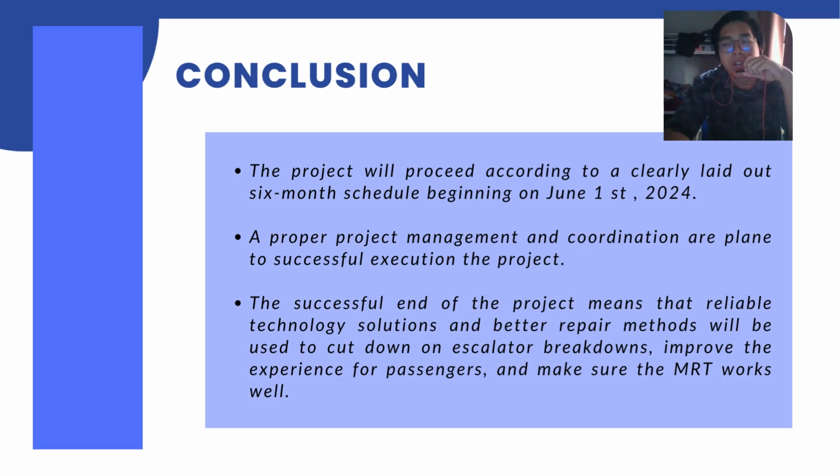As my friend has explained, the process and phases can improve our management to make this project complete on time. By the end of this project, we can have a reliable technology solution and better repair methods that will be used to cut down on the schedule breakdown.